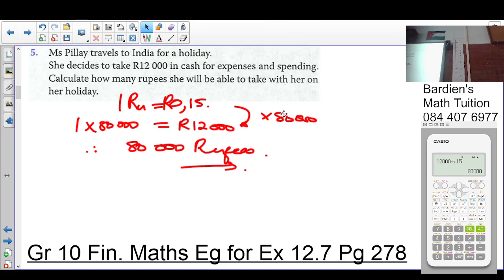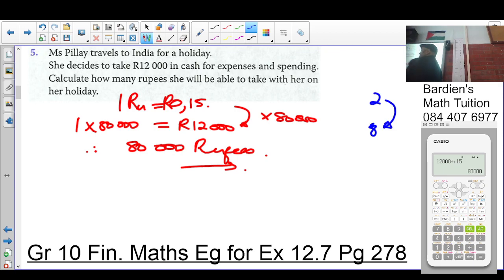Okay. You all okay with that? What's wrong? What don't you understand? You see, we must ask ourselves, if I got 2 here and I got 8 here, then you ask yourselves, 2 multiplied by what is 8? 4.